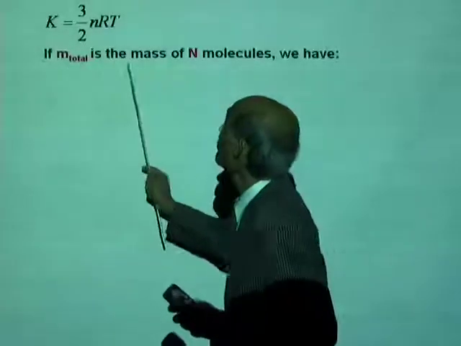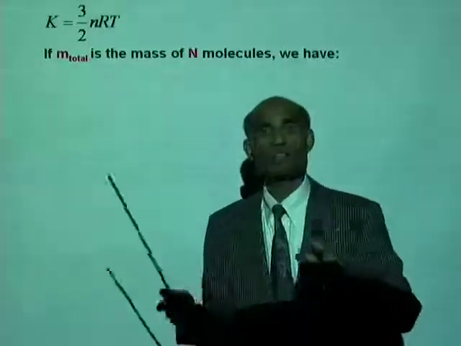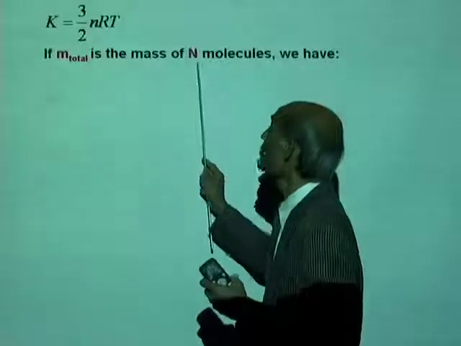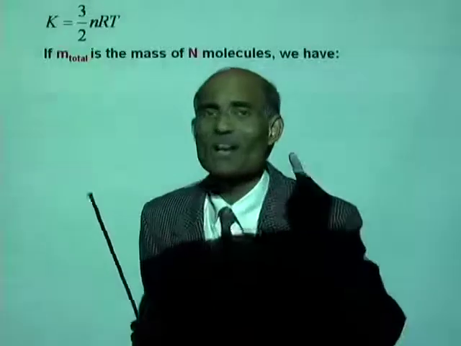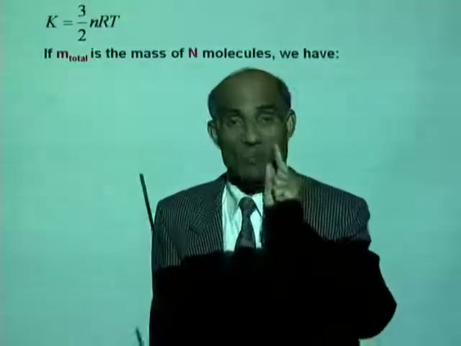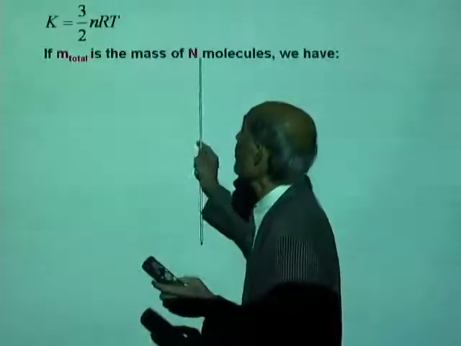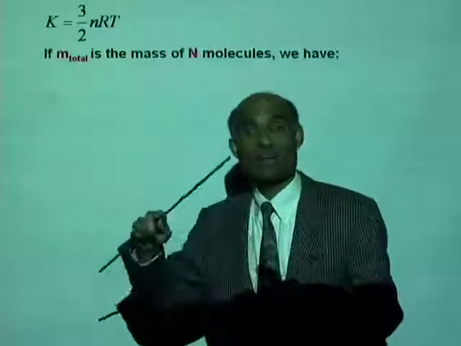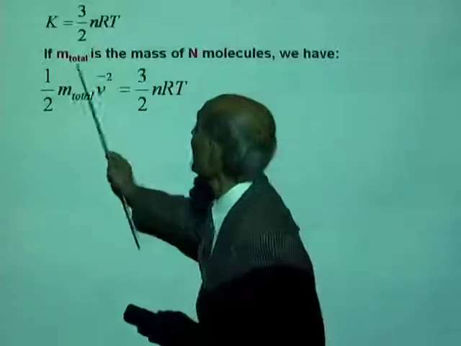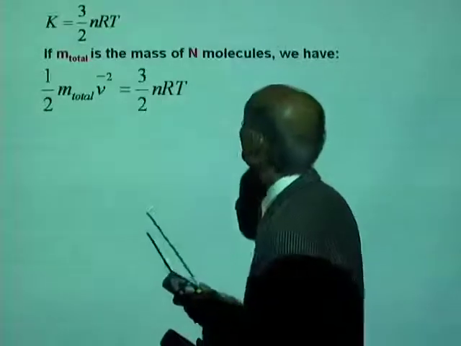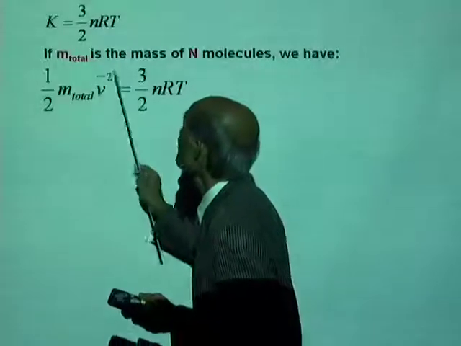If M total is the mass of N molecules, M total simply is a notation we use for the total mass of N molecules. What is the mass of one molecule we assumed earlier? The mass of one molecule we assumed as lowercase m. Therefore, what is the mass of N molecules? That will be N times m. So, if M total is the mass of N molecules, then 1/2 M total v bar squared.